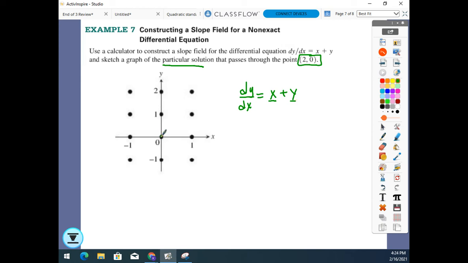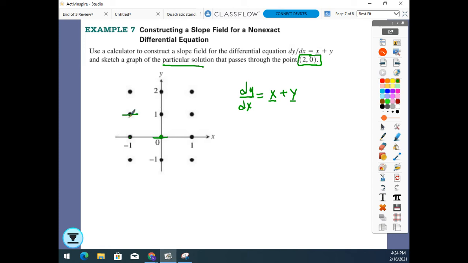All right, so let's consider (0, 0). When both x and y are 0, it has a 0 slope. Now, sometimes it's helpful to look for families of points that will give us similar slopes. Like think of (-1, 1). -1 plus 1 is also 0.